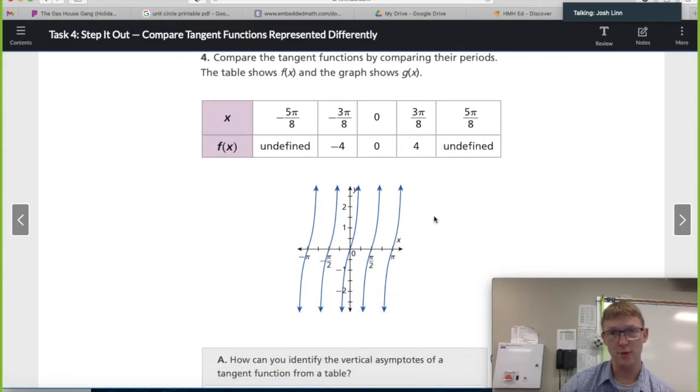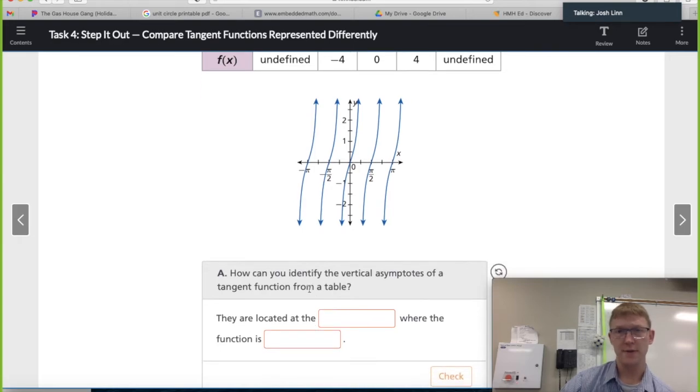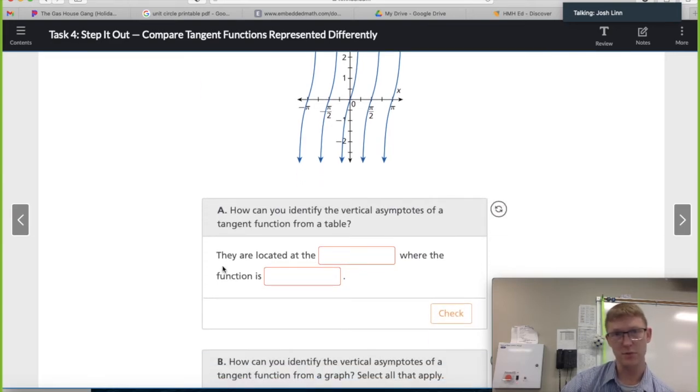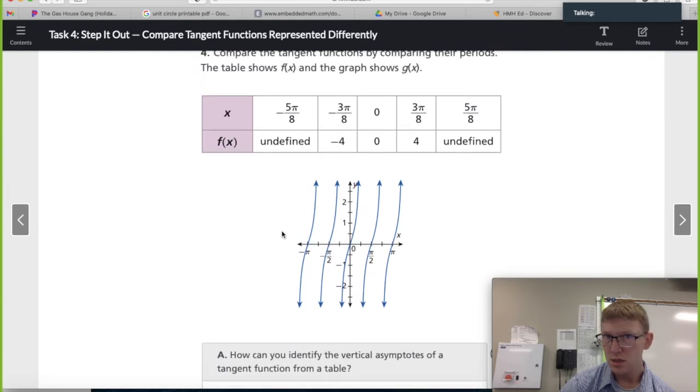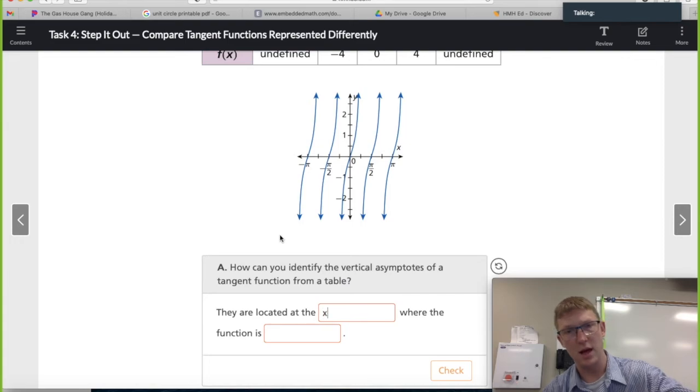So here's a graph of what they were talking about. How can you identify vertical asymptotes of a tangent function from a table? They are located at the x value where the function is undefined.